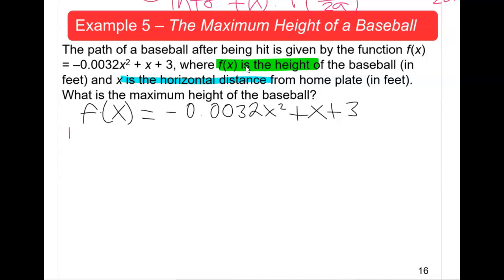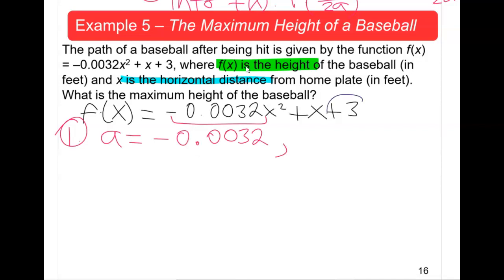So first, we're going to identify our A. A is here. And our B, which is here. Oops, B is the coefficient of x, so B is just 1.